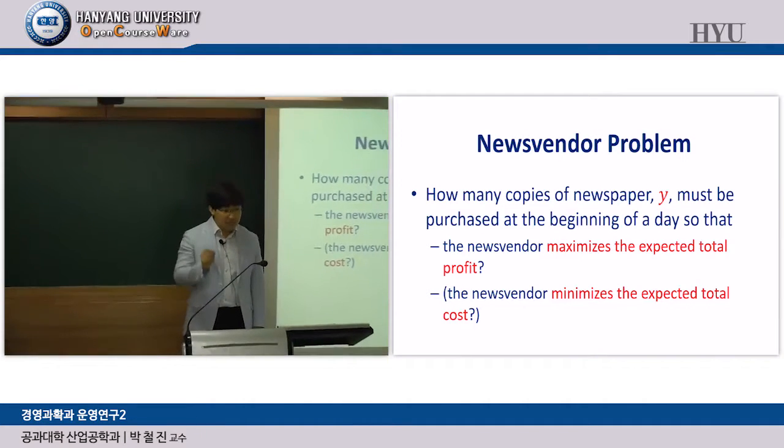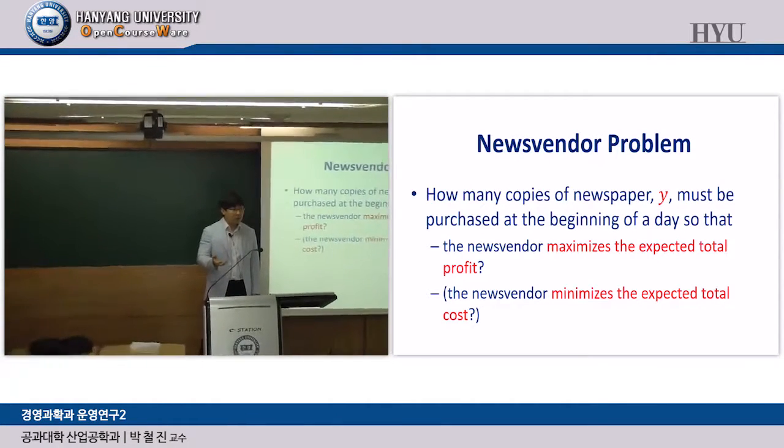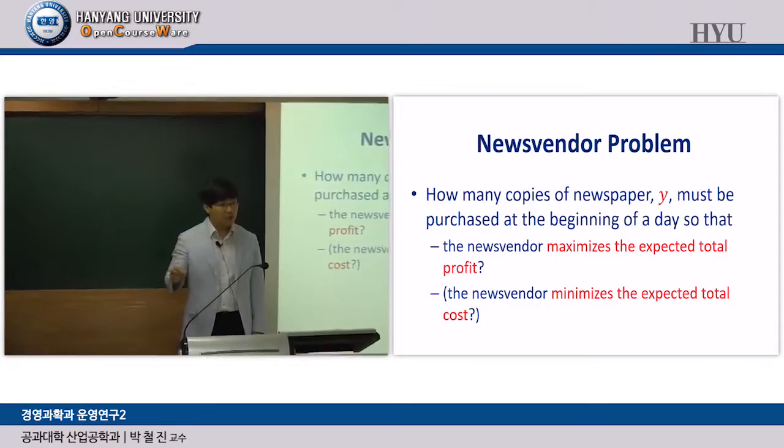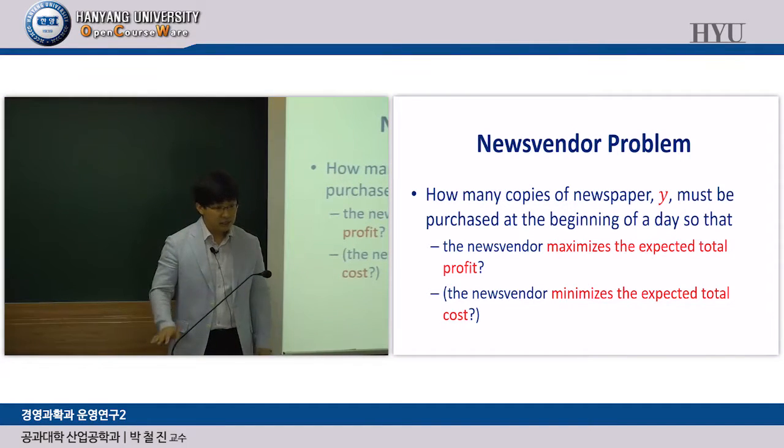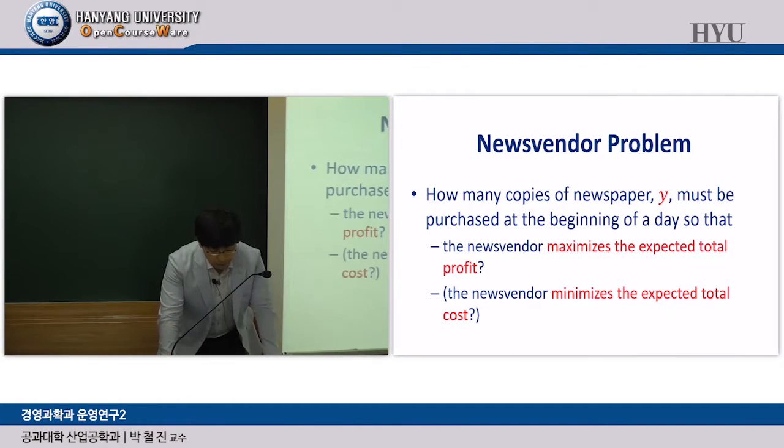But it can be any number. We can determine any integer from 0 to infinity. We can think about this problem from two different points of view. First one, maximizing profits. Second one, minimizing cost. Two different points of view.